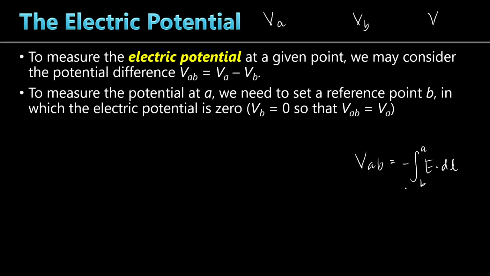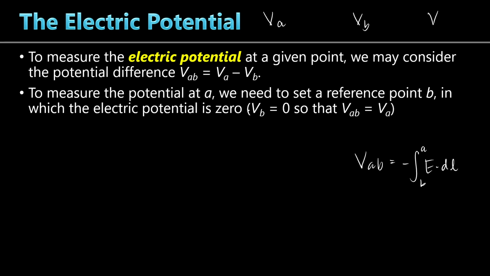Kailangan ma-realize natin yung position or yung point kung saan yung electric potential ay 0. So isipin natin, where is the electric potential 0? Okay, so far, we know that the electric field is a function of position, di ba?